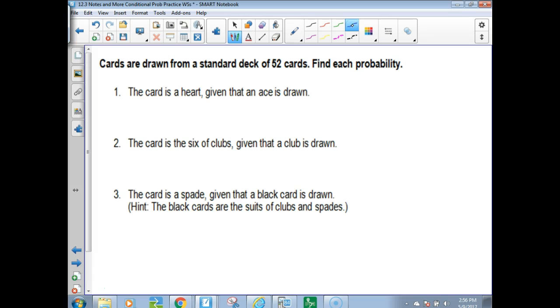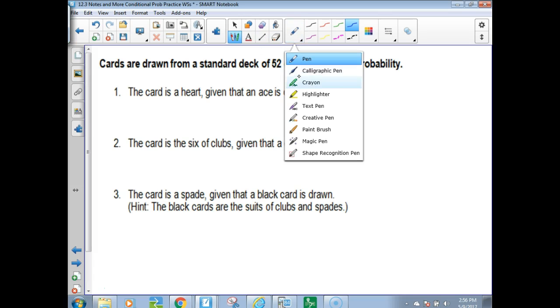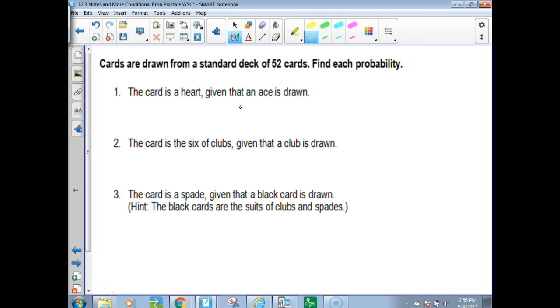Find each probability. The card is a heart, given that an ace is drawn. What part do we need to look at first? This is what I want you to think about first. That's going to be your denominator. And the probability the card is a heart is going to be the numerator. I'm not going to highlight everything like this because we'll get the hang of this pretty fast.